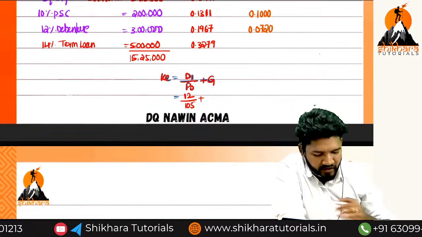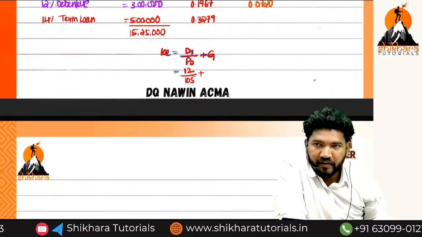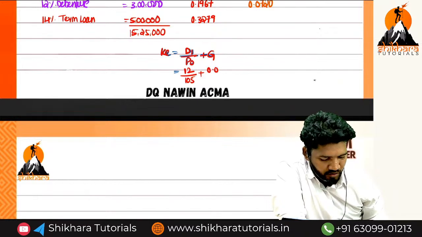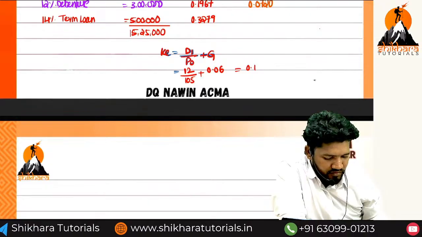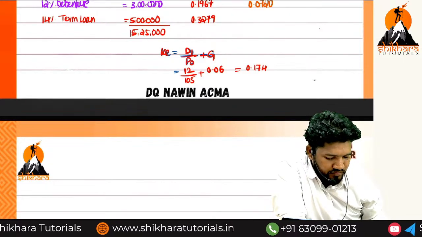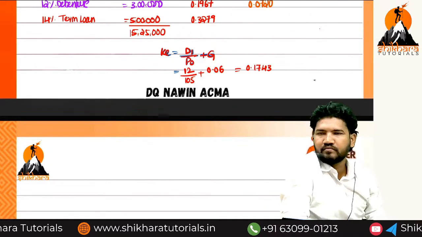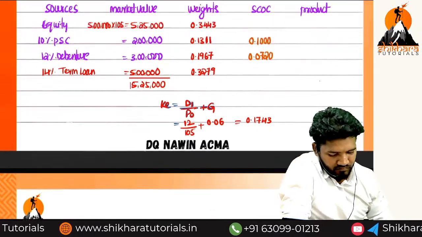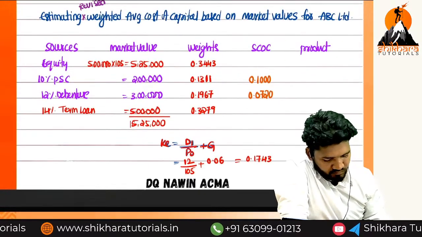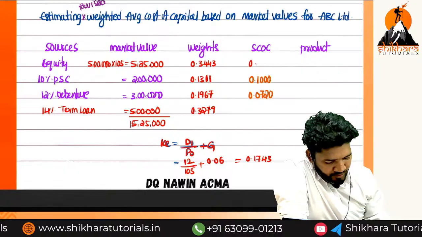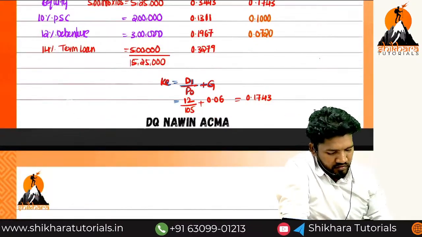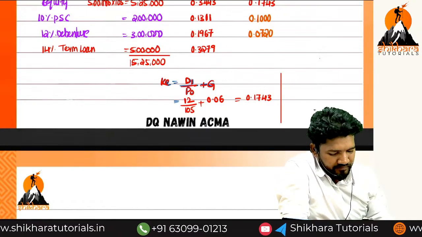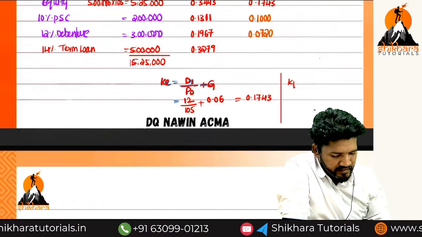Clear? Then fine. Growth rate 0.06. Answer: 0.174243, that is 0.1743. You also calculate KT, na? Yes or no, ma?